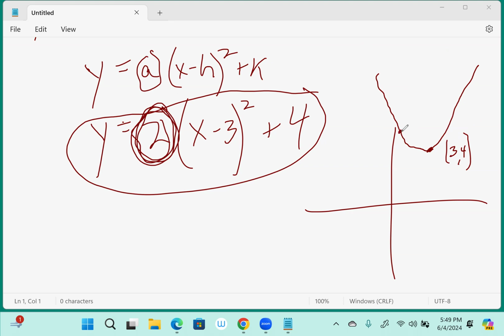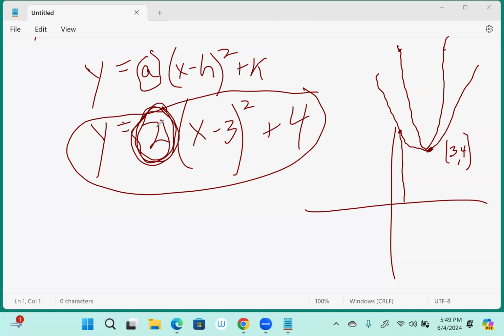So this point here, which is this distance to the x-axis, because we're multiplying by 2, it's going to be way up here. The net effect is a parabola that's skinnier. So vertical stretches change the shape of the curve and make it skinnier.